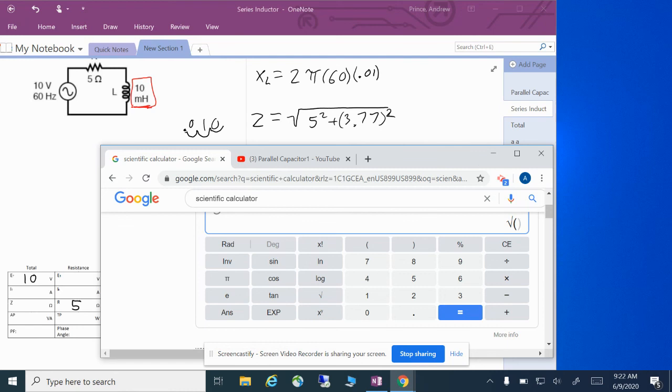So square root of 5 squared plus 3.77 squared. That's going to give us 6.262.